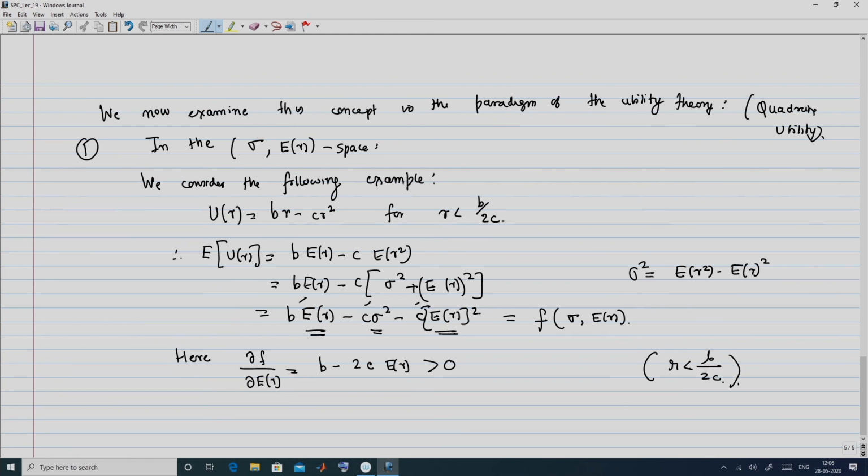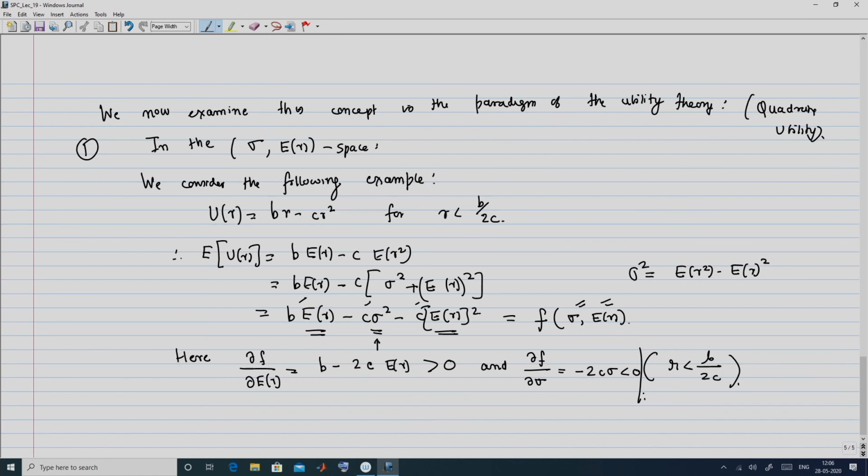So, this means that B minus twice C times the expected value of R is greater than 0, and the sensitivity of f, remember f is a function of sigma and E(R), with respect to sigma from this term, will turn out to be equal to minus twice C sigma, less than 0.